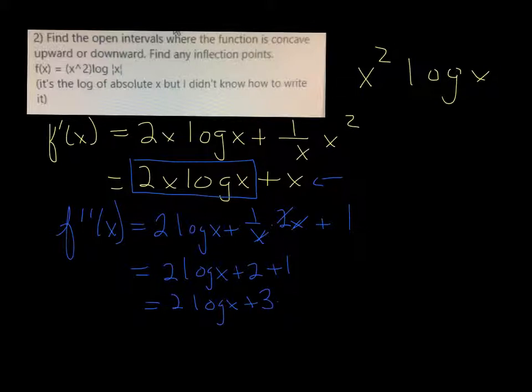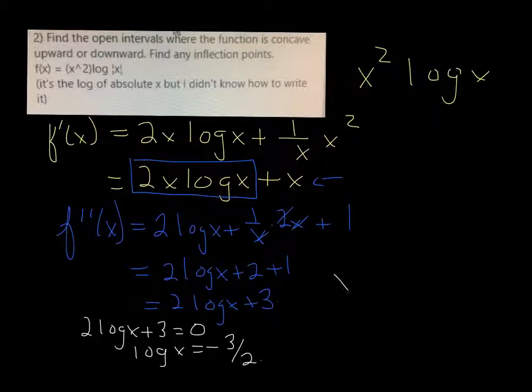So concave up and concave down is asking us to set this equation equal to 0. So in that case, we end up with the log of x equal to negative 3 over 2. And so that would tell us that 10 to the negative 3 over 2 is the value of x.